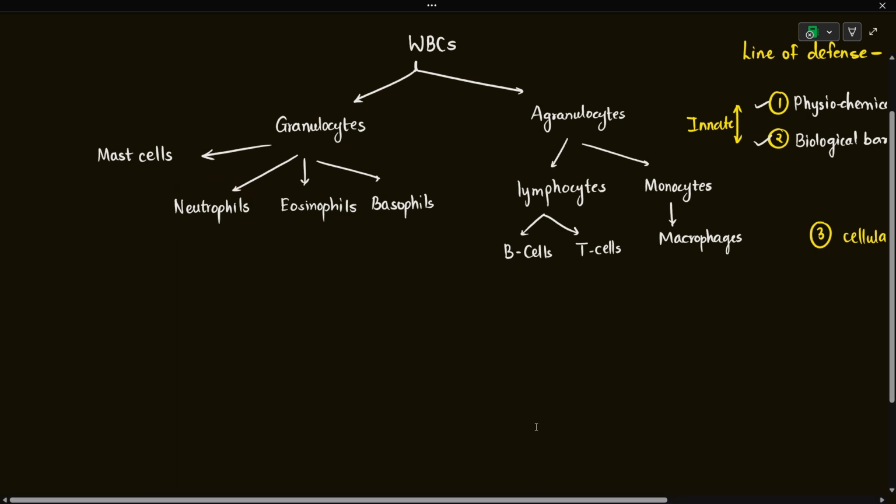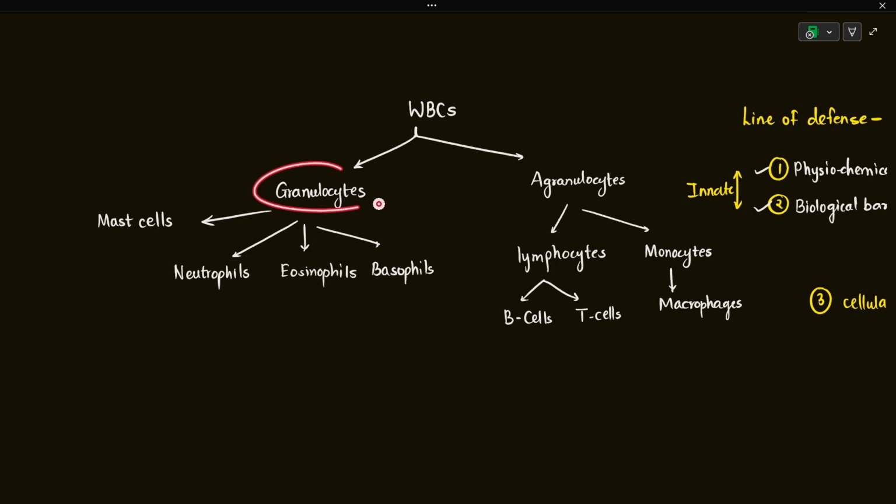So as I told you, granulocytes are leukocytes, meaning the WBCs, the white blood cells. Whenever white blood cells have granules in their cytoplasm, they are called granulocytes. Depending upon the staining capacities and morphology, they are differentiated into 4 different types of cells.